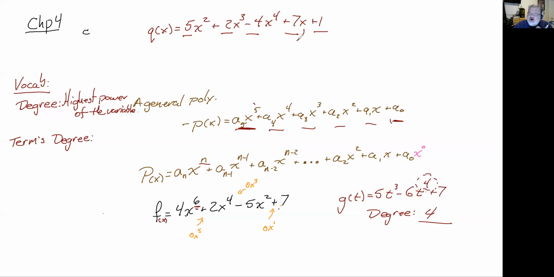By the way, you will often hear the 1st degree term referred to as the linear term, because x to the 1st is lines. So even if it's not a line, you'll often hear that x to the 1st term be referred to as the linear term, just because that language has stuck and been around for a long time.